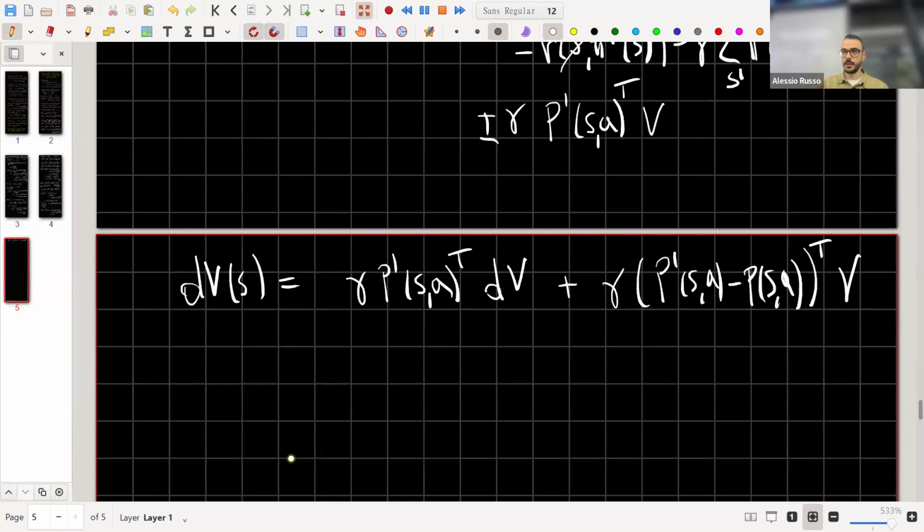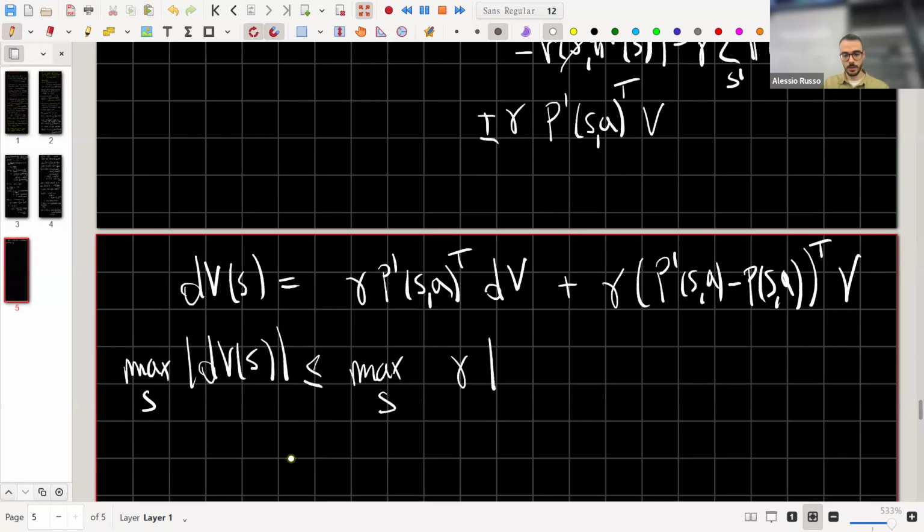So we can now take the absolute value, apply the triangle inequality, and take the maximum over S. And there is also another small error here.